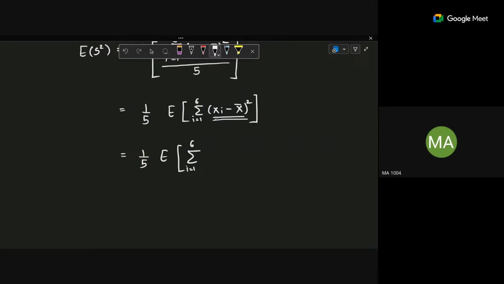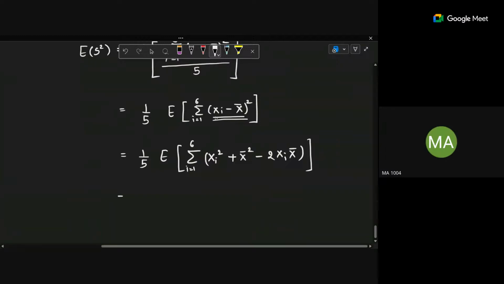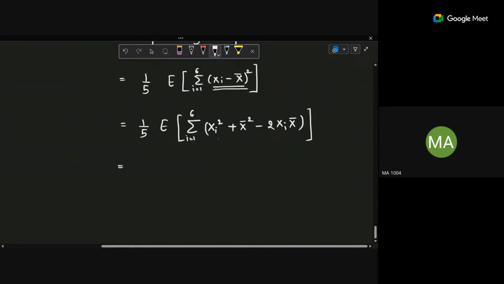Then what I will get is xi square plus x bar square minus twice xi x bar. Is it fine? Yes, ma'am, it's fine. Okay, so now next step, what should we do? Now summation is there and individual terms are there, so I can split the summation like that, right?